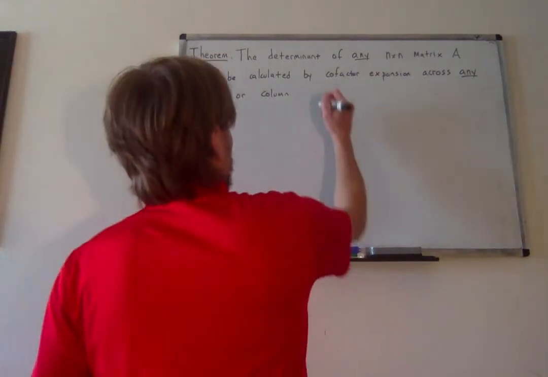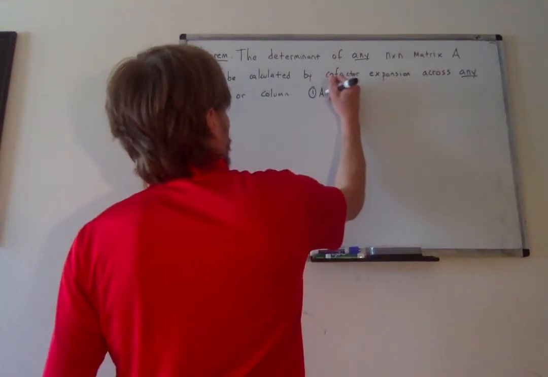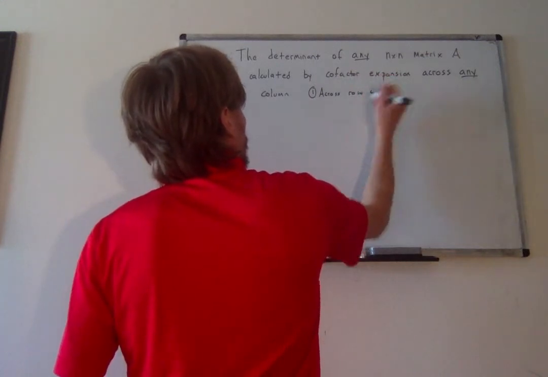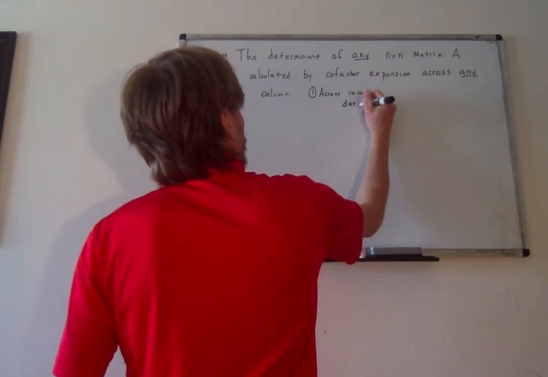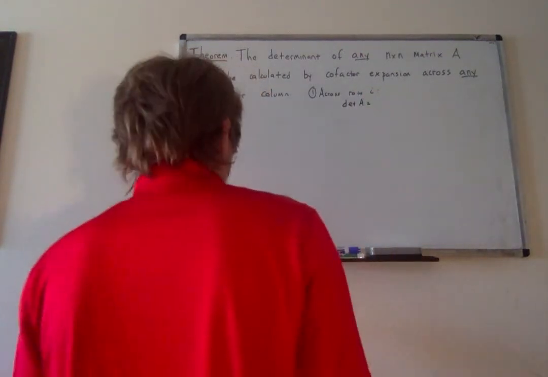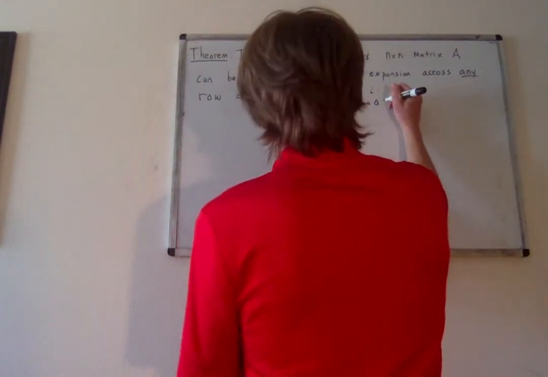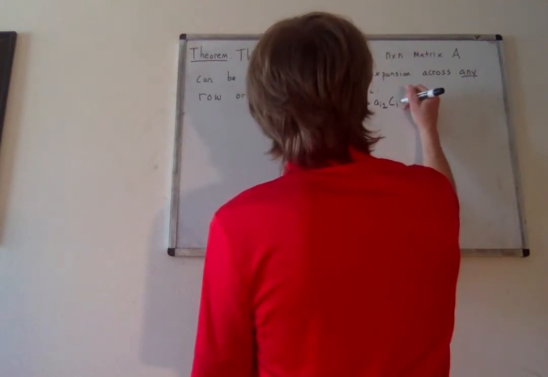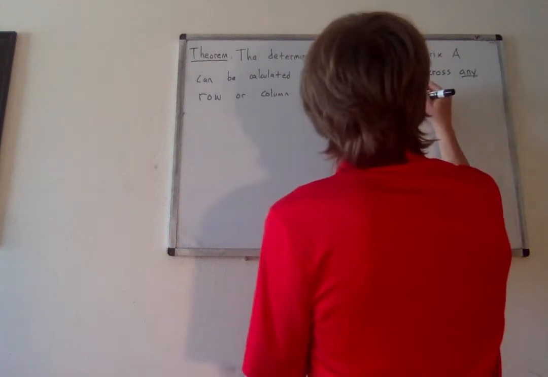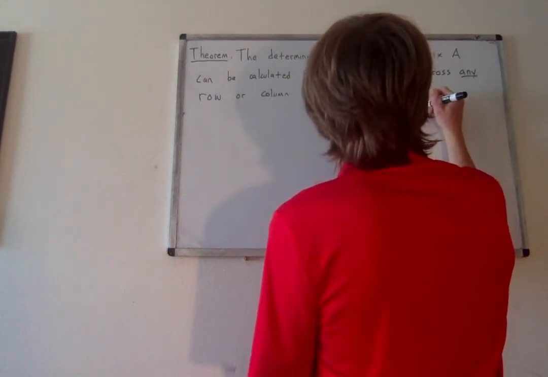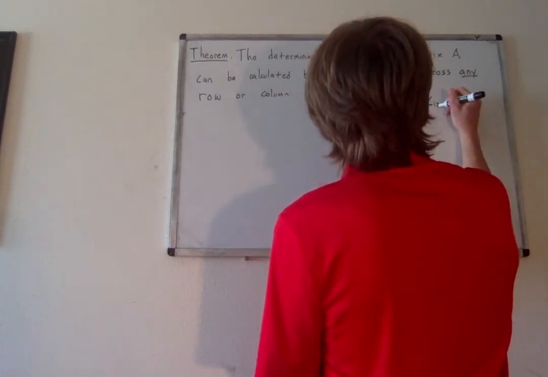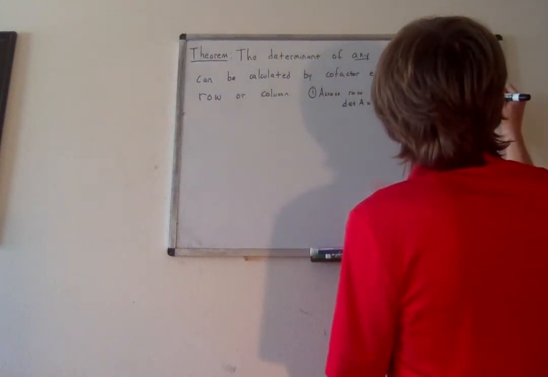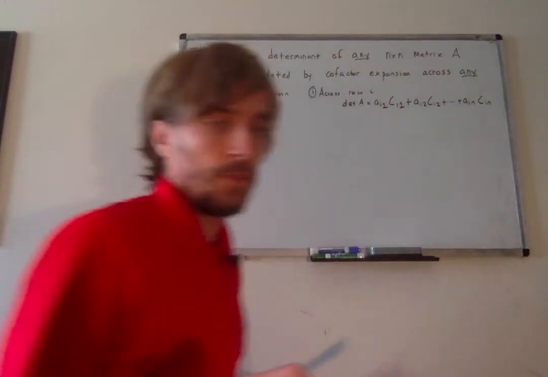And if this is the case, here's what it looks like across row i. It's the first entry of row i times the corresponding cofactor, plus the second entry of row i times the corresponding cofactor, all the way up to the nth entry of row i times the corresponding cofactor.